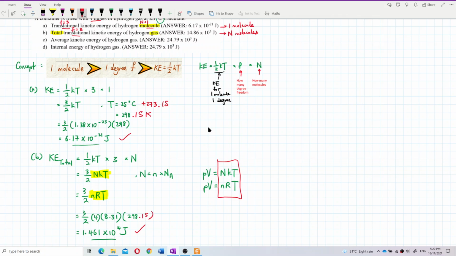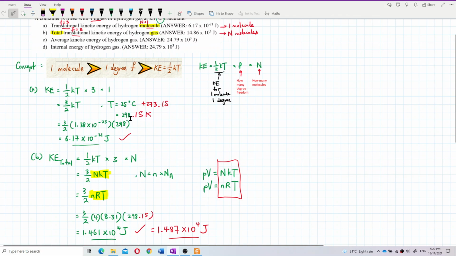So the answer becomes 1.487 exponent 4. Then it becomes more accurate, right?